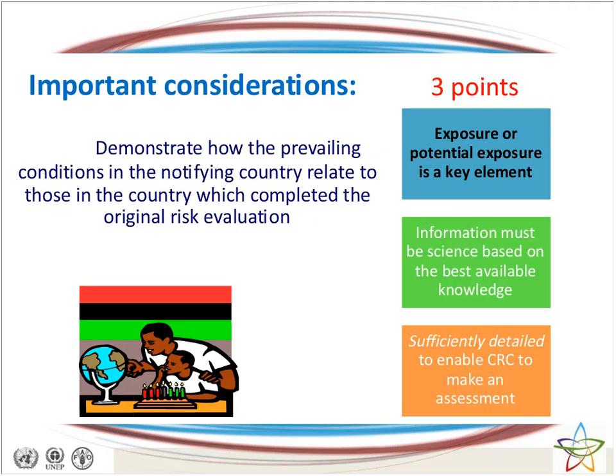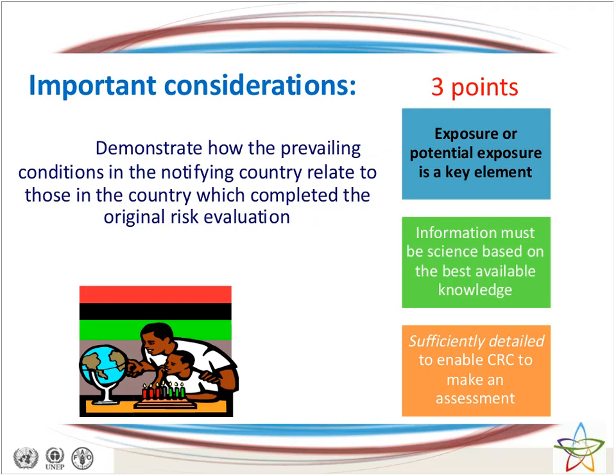So the policy guidance developed by the CRC on this aspect points out important considerations. The country has to demonstrate how the prevailing conditions in a notifying country relate to those in the country which completed the original risk evaluation.